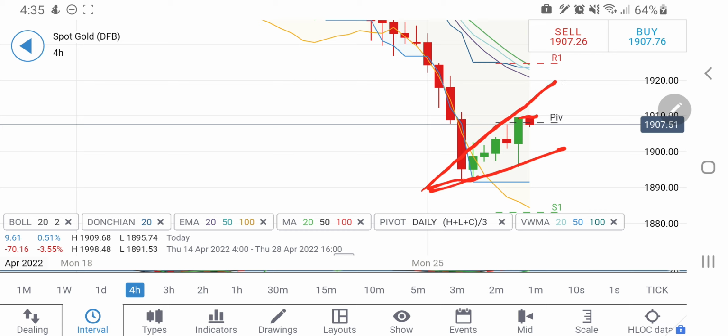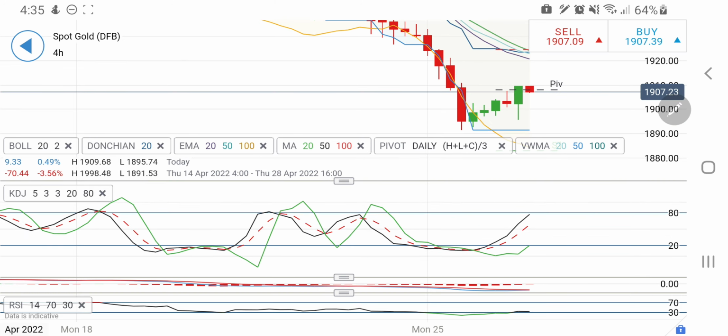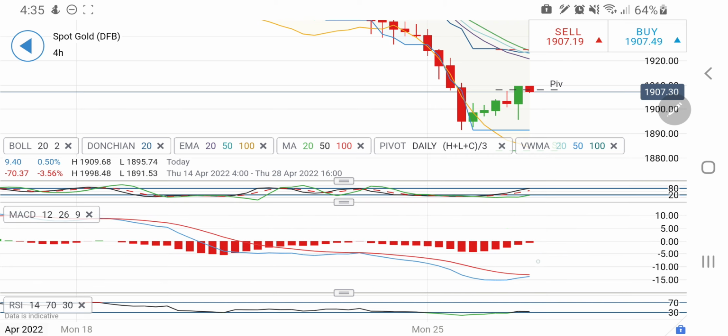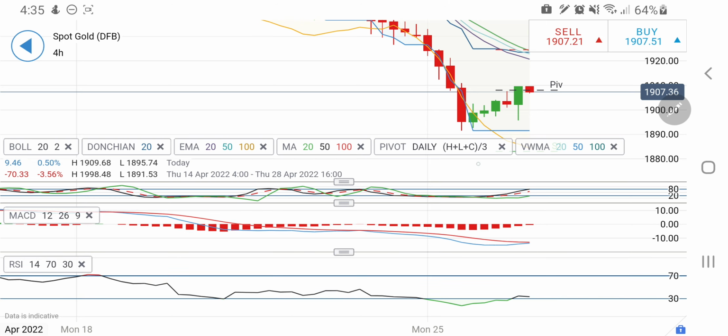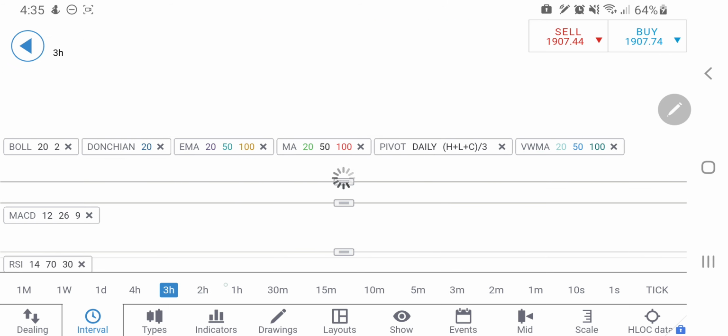If it continues to rise, we may see it hitting 1924, but it has to cross and sustain above 1910 levels. That will also bring the stochastic on the 4-hour charts to overbought levels, and the MACD will again cross over on the buy side, and this green candle has also lifted the RSI to the normal zones.